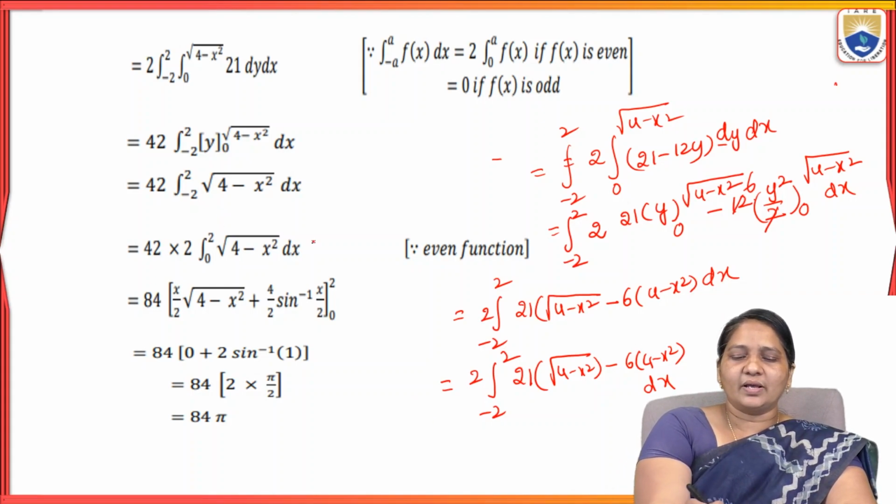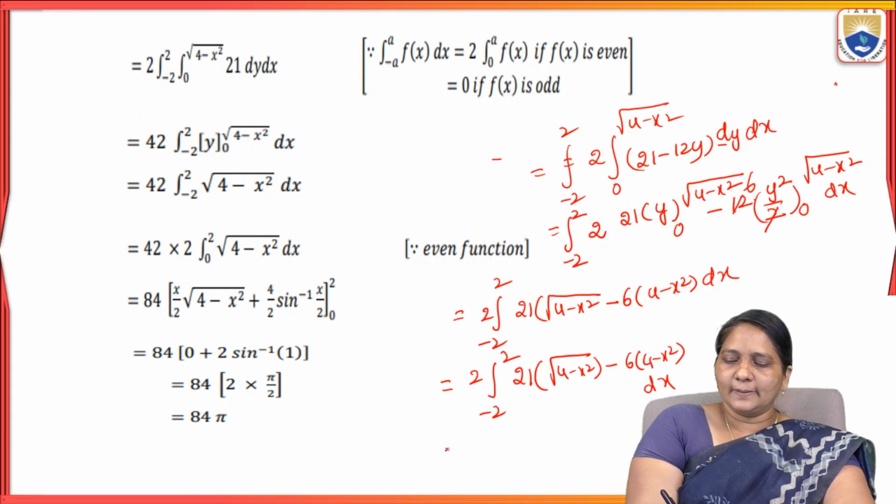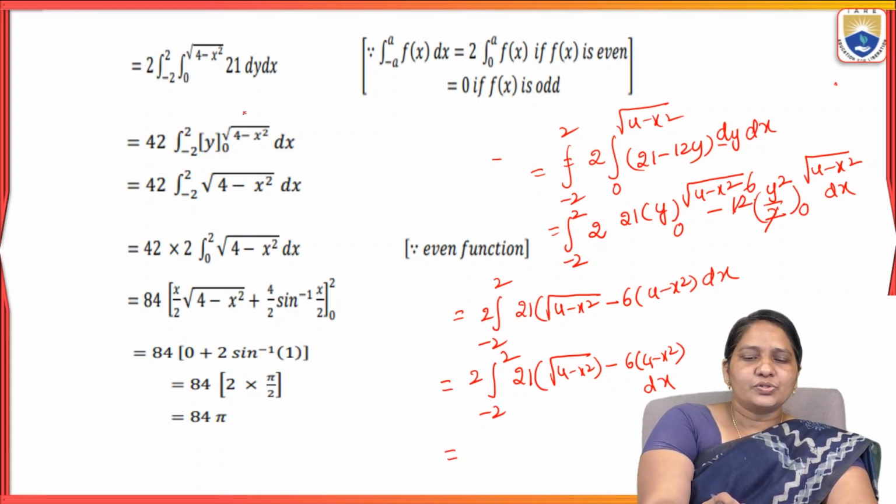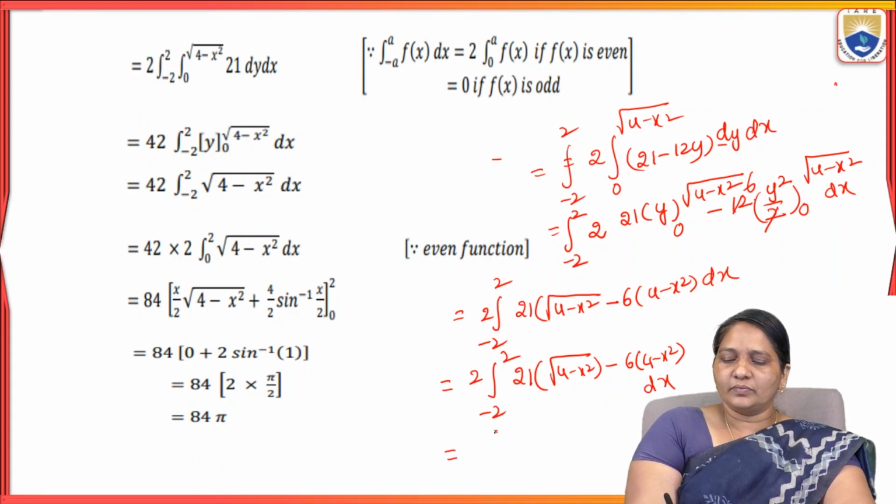So here we can observe this. 21 and 2 both are constants, taking them out. So this is 2 into 21, which we can write as 42.